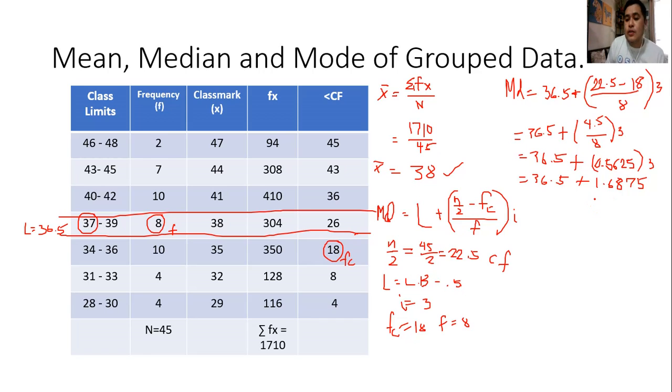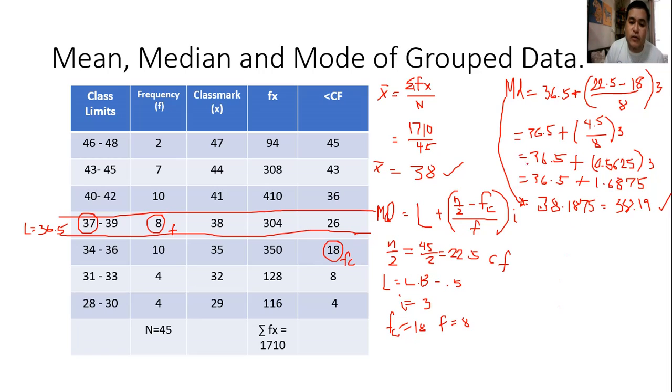Now, since addition is the remaining operation, we have to add them. So adding them, it will give you 38.1875. Or rounding it off, 38.19. So this is now your median. Okay? So that is now your median.